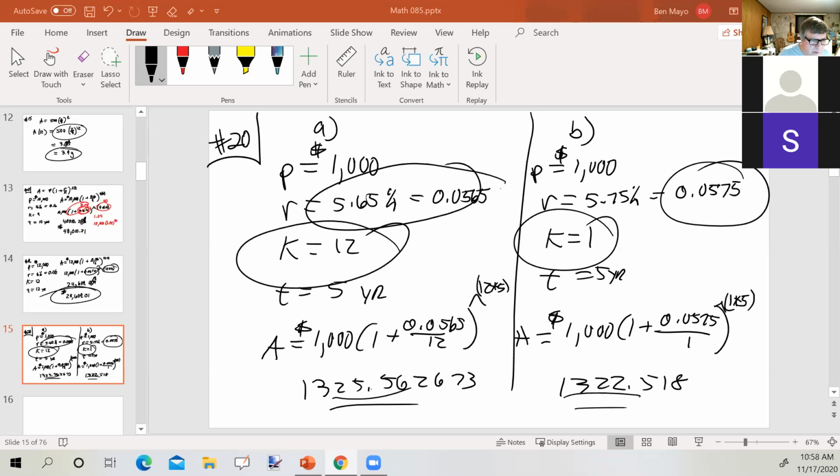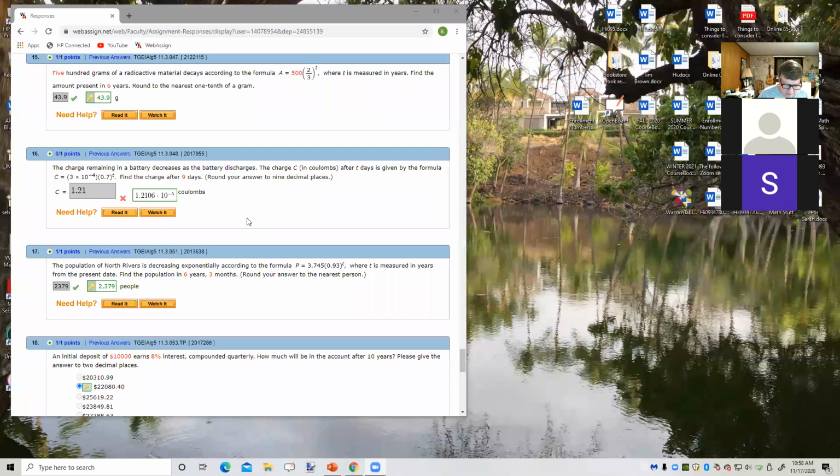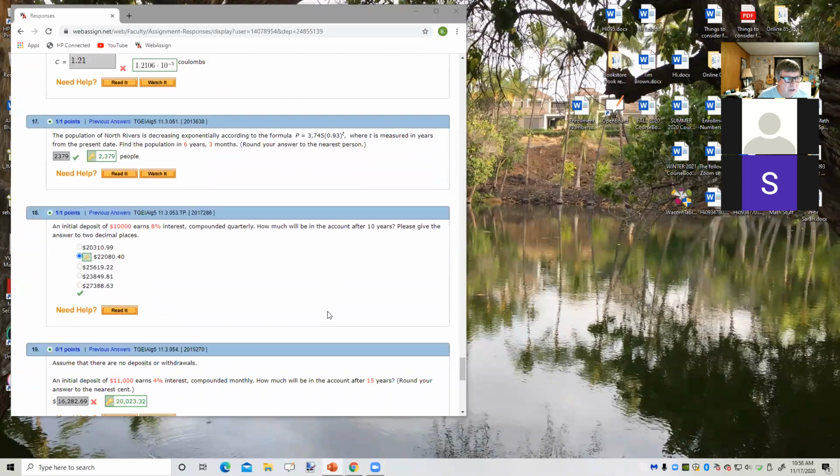And that looks like it might be the same problem. I know we did this problem, but I don't know if the numbers were the same. Did we do this one with a 9? Yes. Okay, so that's going to be the same as a problem I did previously, so I'm going to skip that one. And let's take a look at 17.